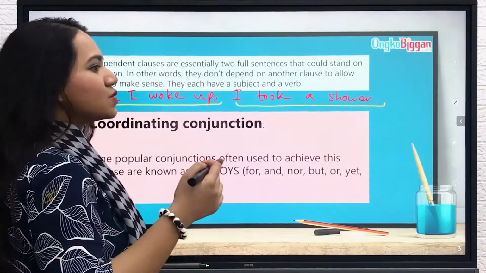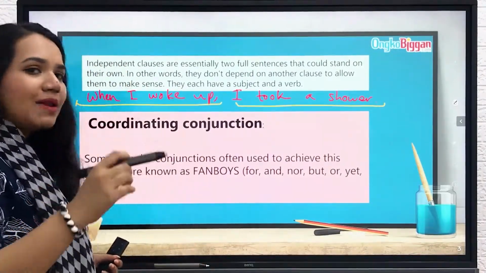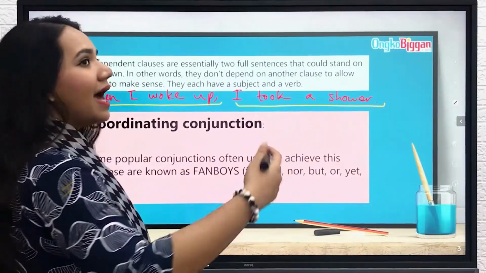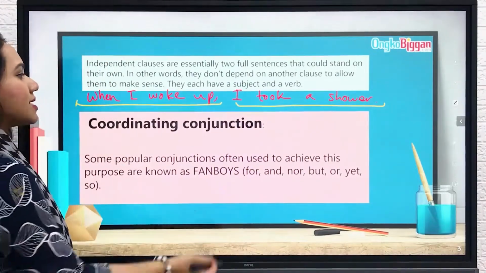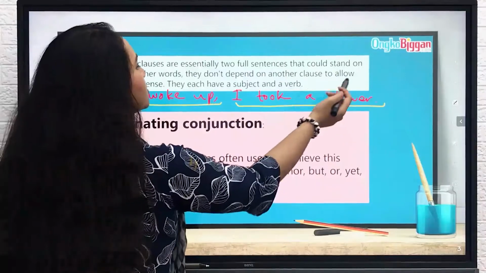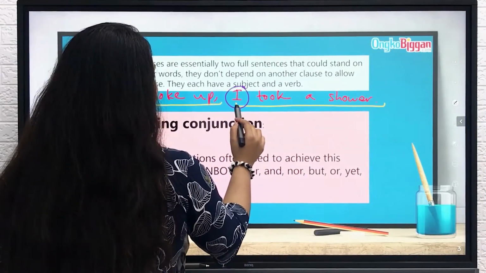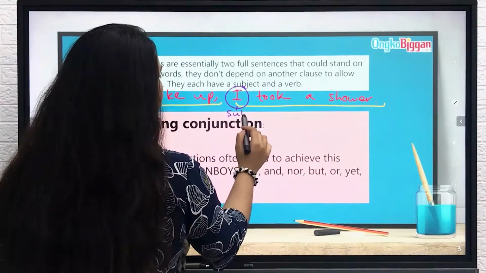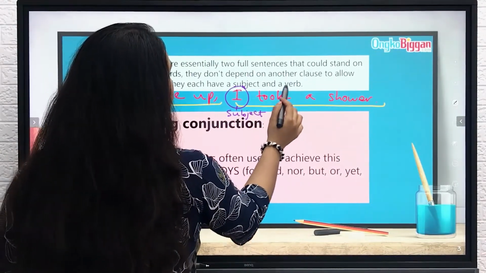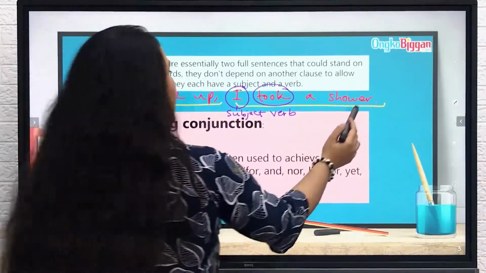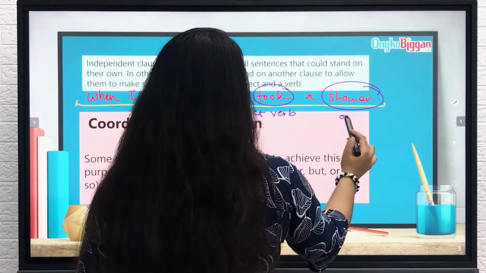The phrases that do not make sense will make sense if you use another particular clause after it. So what is the clause? I took a shower. The word I is the subject. The word took is the verb, and the word shower is the object.